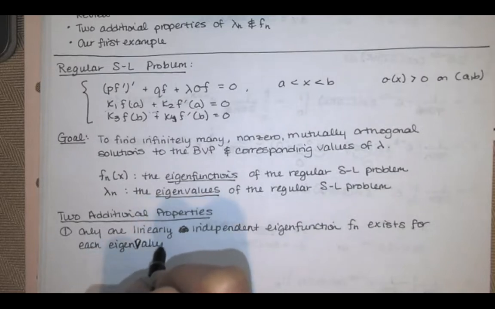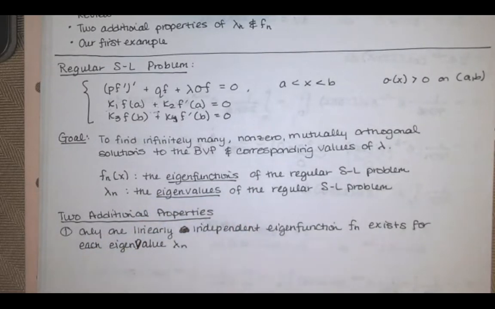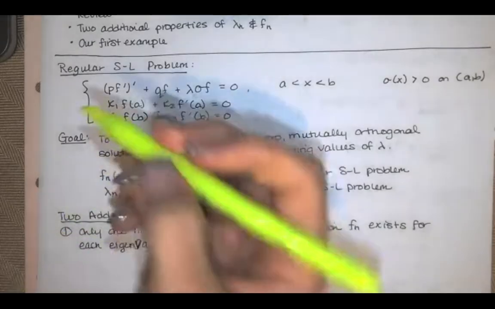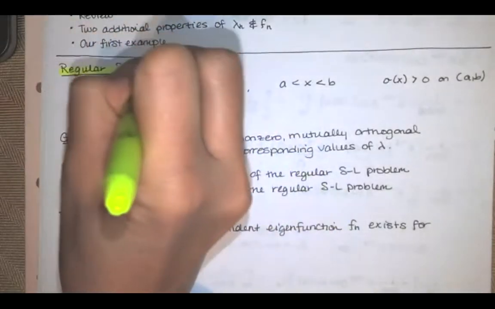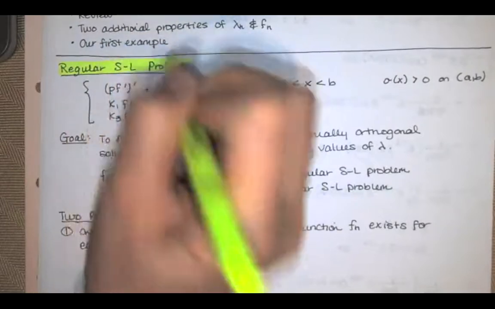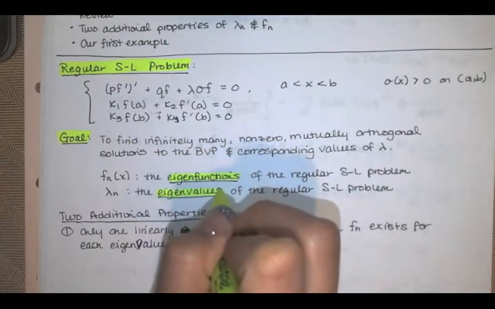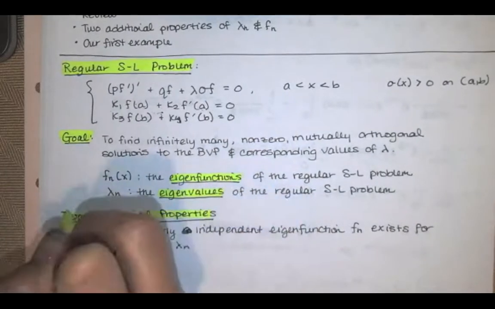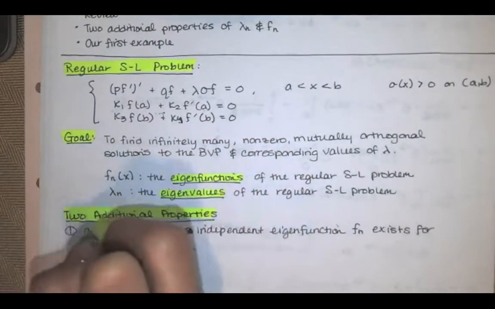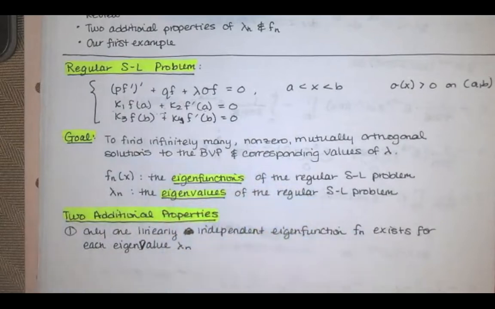We get one function for each eigenvalue, and then the next property is this.